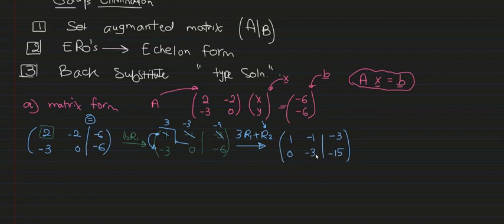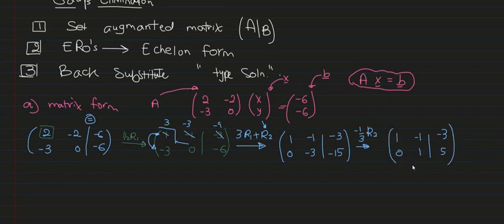What's left is that this negative 3 needs to be 1. This negative 3 lies in row 2, so I will multiply it by negative 1 over 3. Therefore, the first row will be as it is, and in the last row, 0 times negative 1 over 3 is 0, negative 1 over 3 times negative 3 is 1, and negative 1 over 3 times negative 15 is 5.